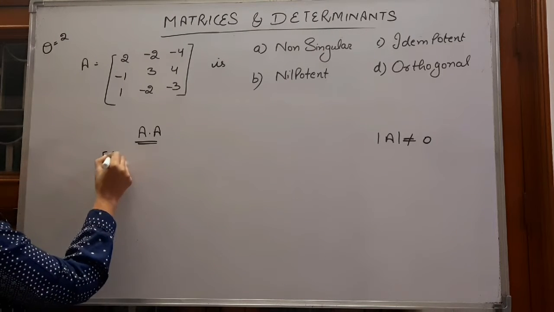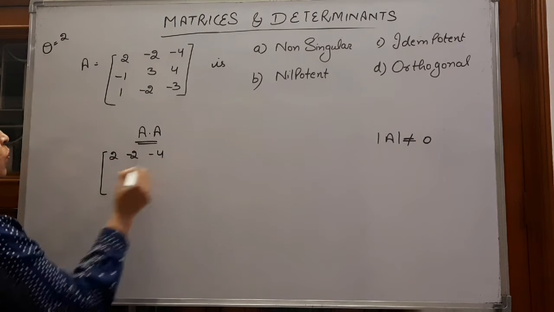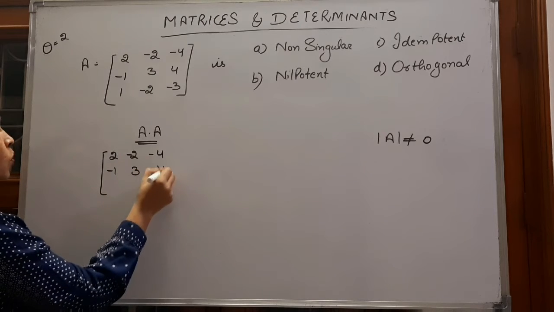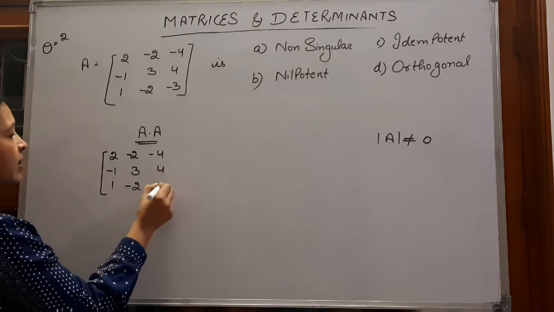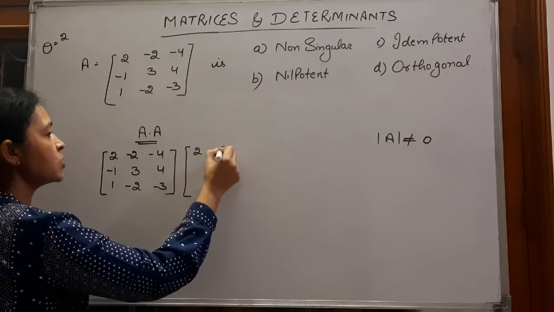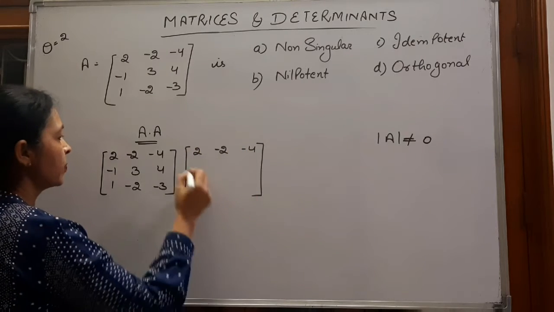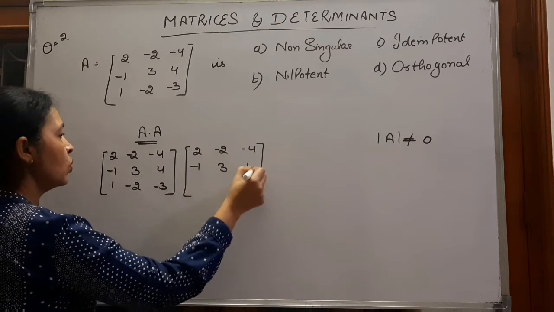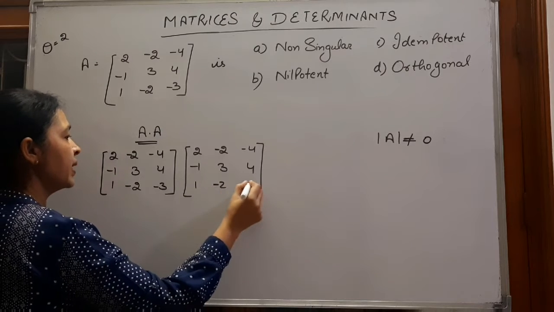We have matrix A is 2, minus 2, minus 4, minus 1, 3, 4, 1, minus 2 and minus 3. Again with A, 2, minus 2, minus 4, minus 1, 3, 4, 1, minus 2, minus 3.